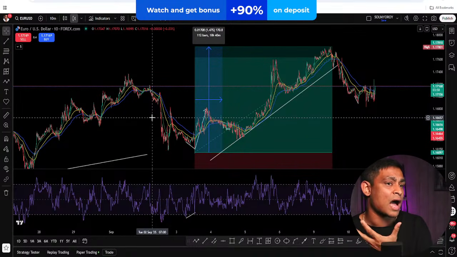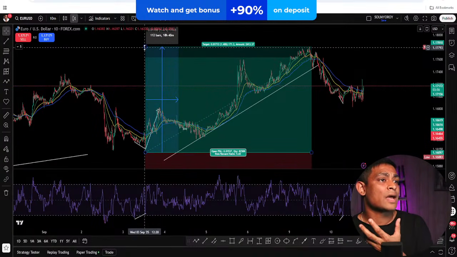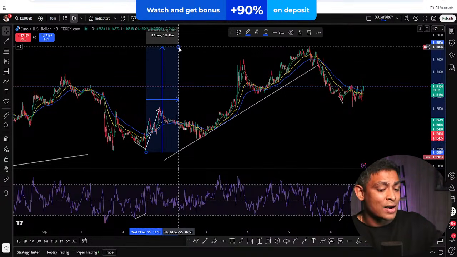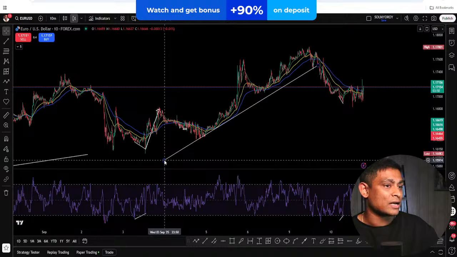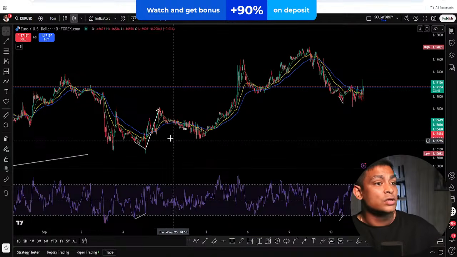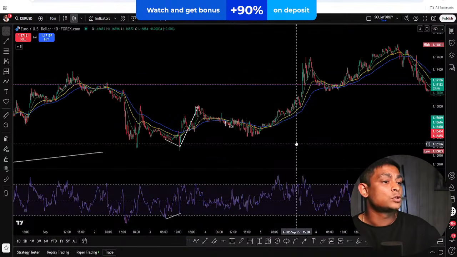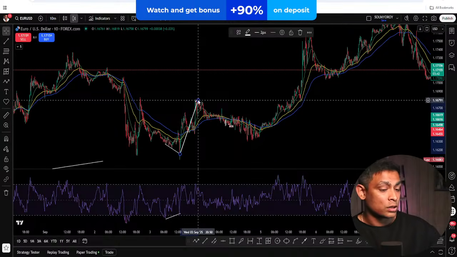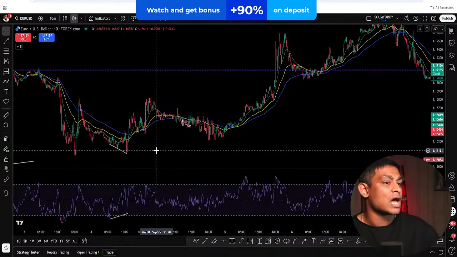So here we are, ladies and gentlemen. I am sure that you guys have understood this logic, and I am sure that you will be able to figure out bullish divergences moving forward by yourself without any mistakes.